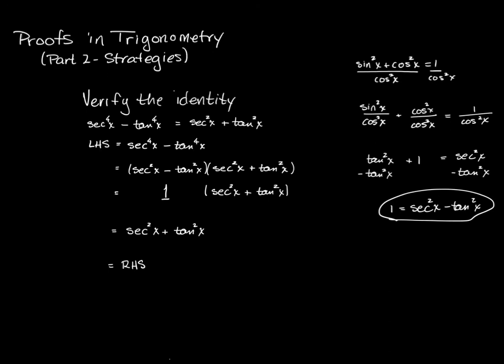My point here is that you should be familiar with as many of the identities as possible so that you can recognize them when they come into play. This one's really not obvious. A lot of people, especially when they're just learning how to do these for the first time, when trigonometry is still a relatively new skill, won't recognize this secant squared x minus tangent squared x as something obvious that can be substituted for.